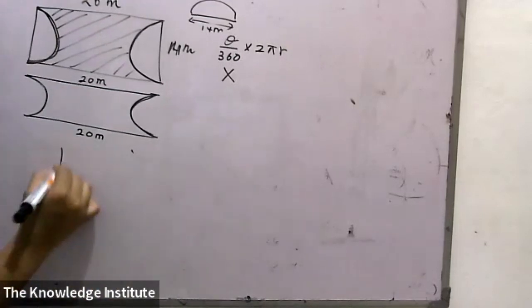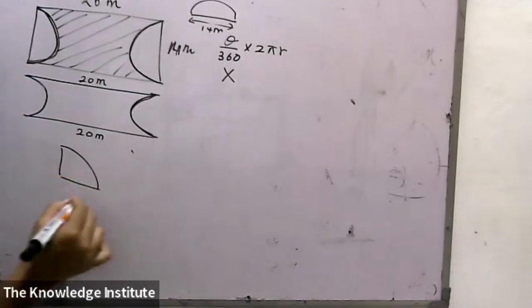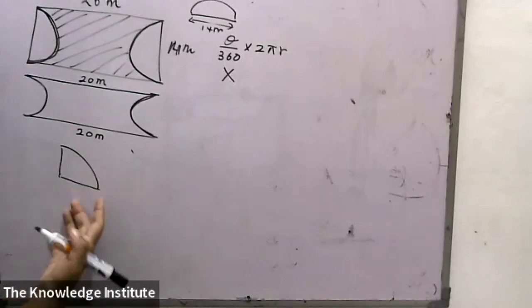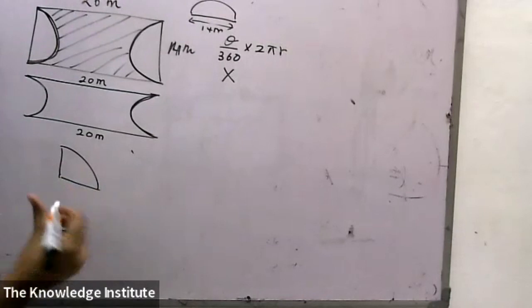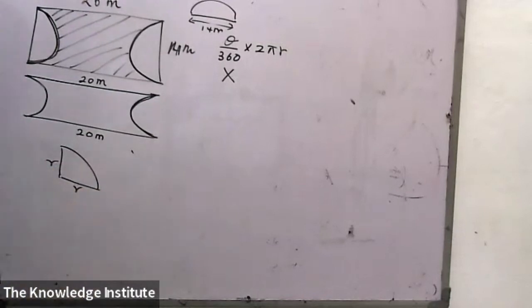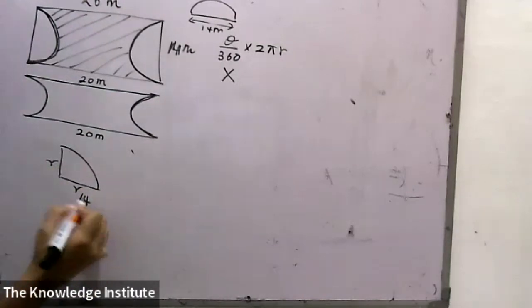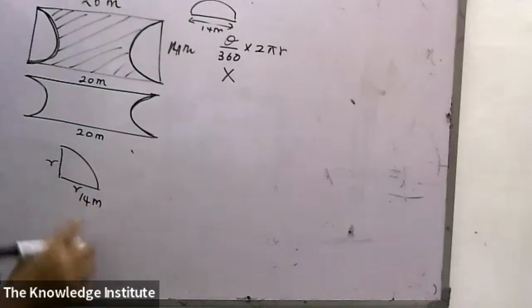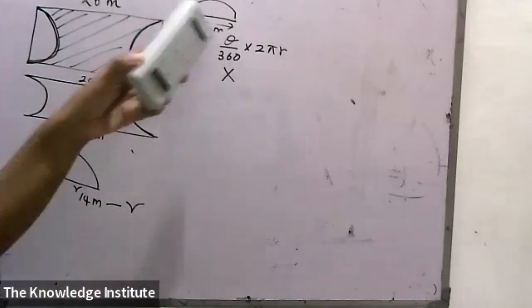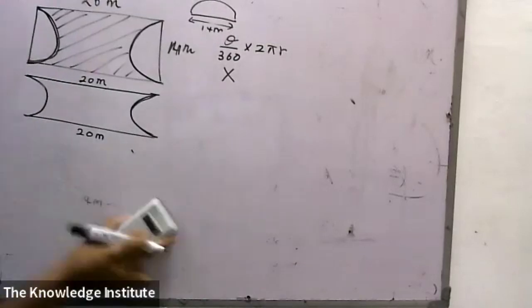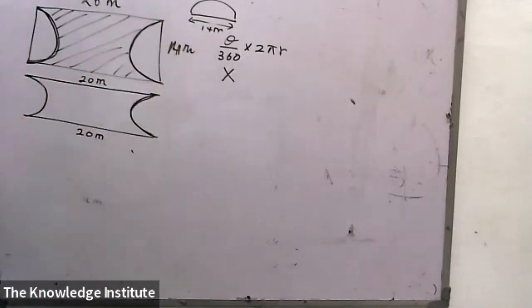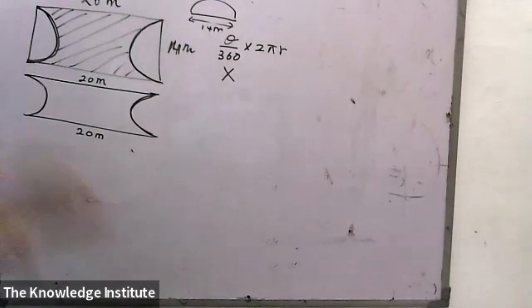Because when it's a sector, around 1/4 of a portion or 1/8 of a portion, usually you will have the radius. If they give it as 14 meters, no issues, directly you consider it as the radius. But here they are talking about a semicircle. Tell me, is it a radius or a diameter, Sumaya? It's a diameter.